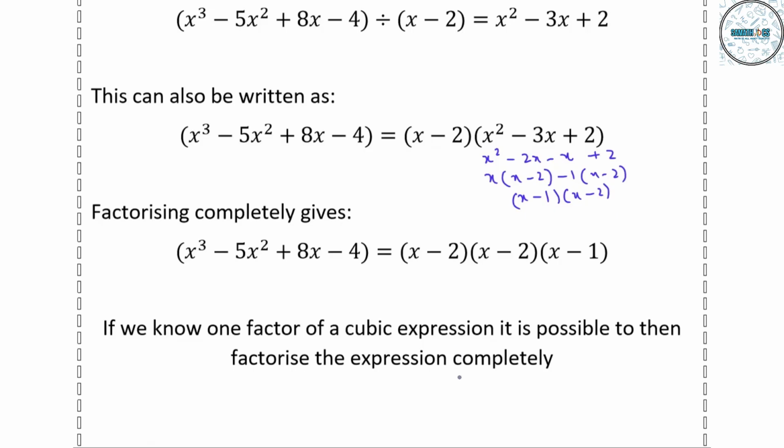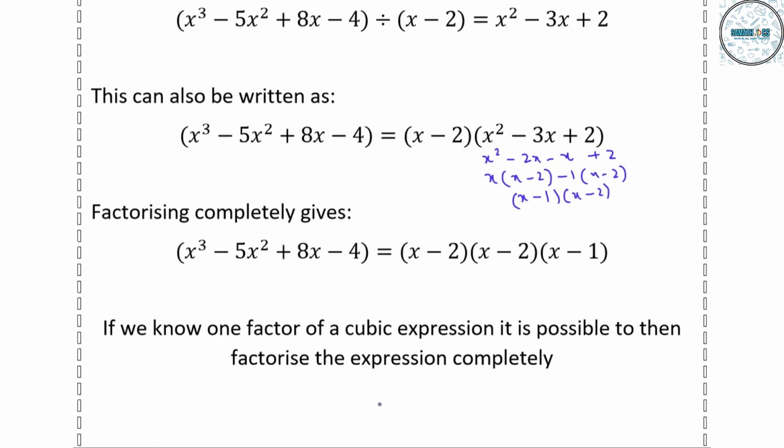Once we get the linear factor, we can find the quadratic factor by dividing the cubic expression by the linear factor. Then we get a quadratic factor, which we further need to factorize to get the other two linear factors.